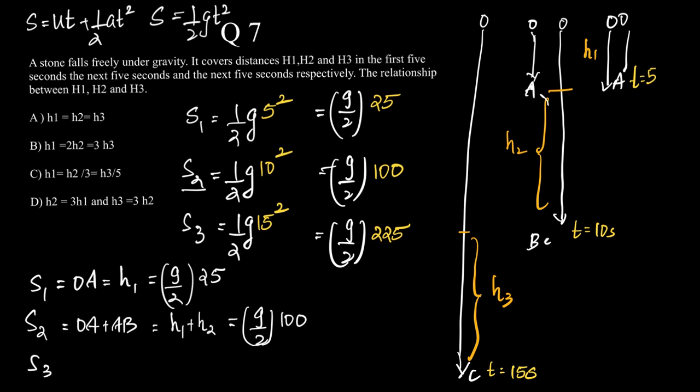Very similarly, what is S3? S3 is equal to this complete distance, which is basically the sum of OA plus AB plus BC, which is equal to H1 plus H2 plus H3, which is equal to G by 2 into 225.